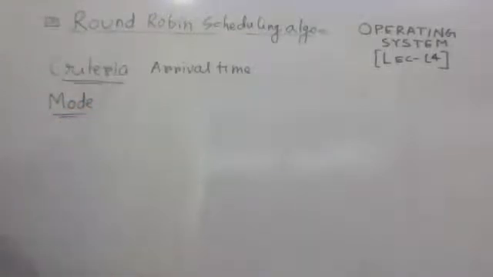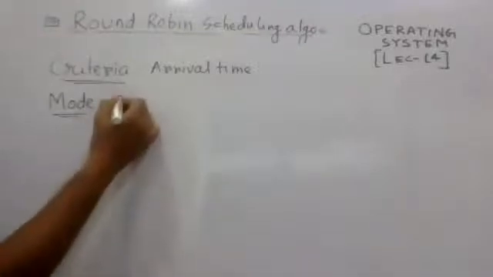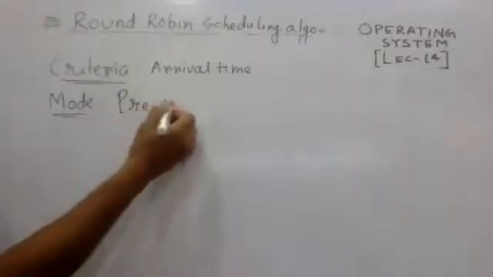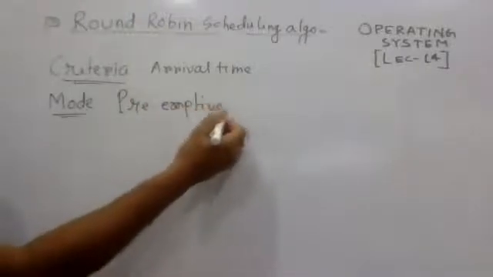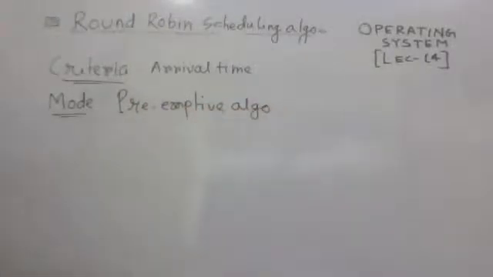It is a pure preemptive algorithm. So this is the criteria of this algorithm, and this is the mode of this algorithm. Preemptive mode. We have no non-preemptive version in round robin scheduling algorithm. Now see some examples on round robin algorithm and clear every point.